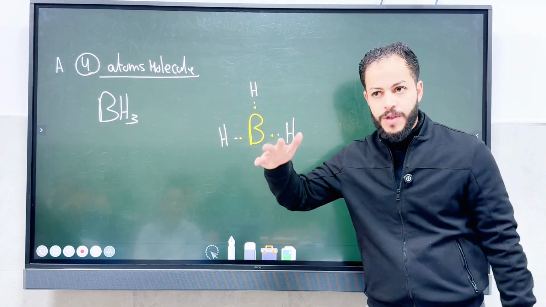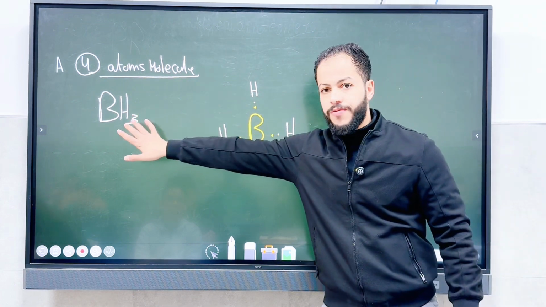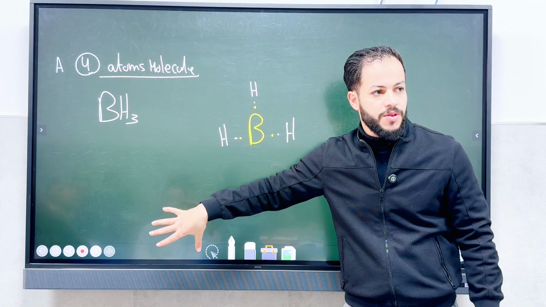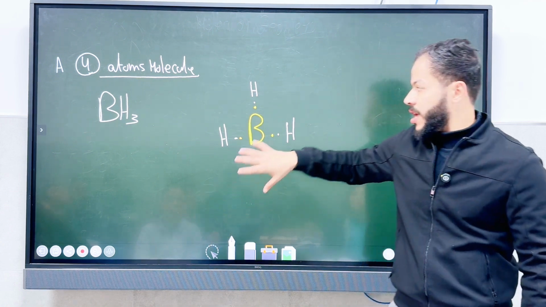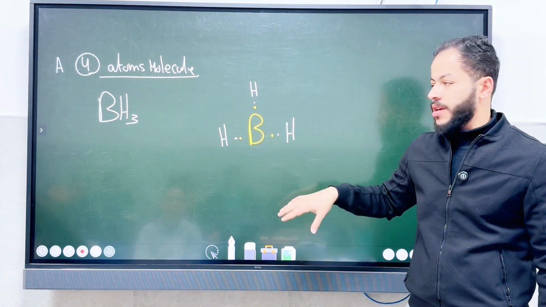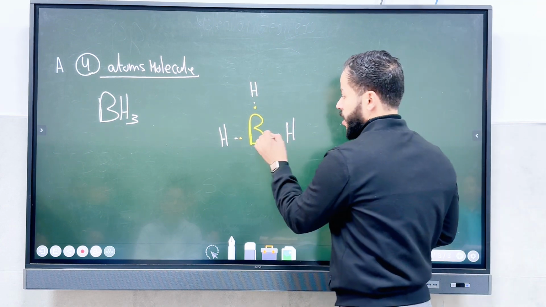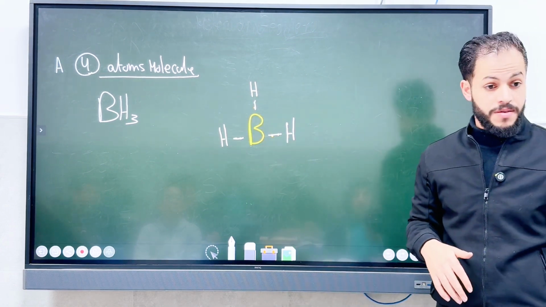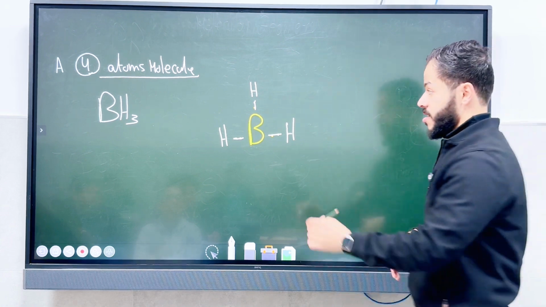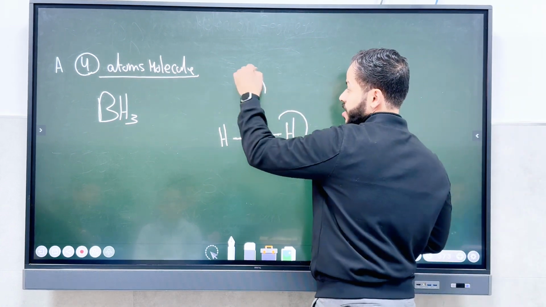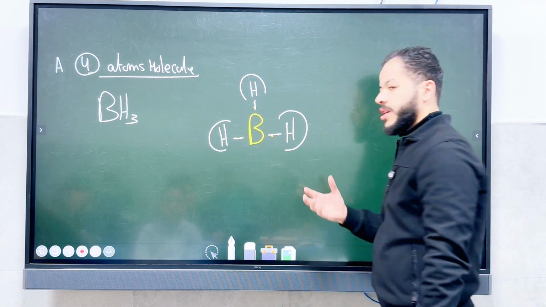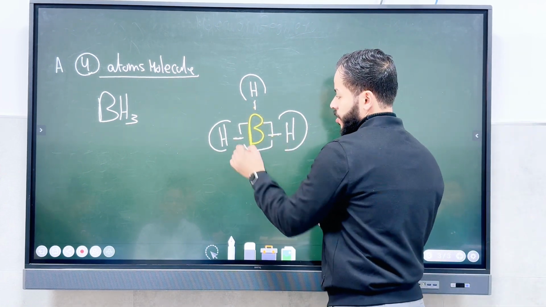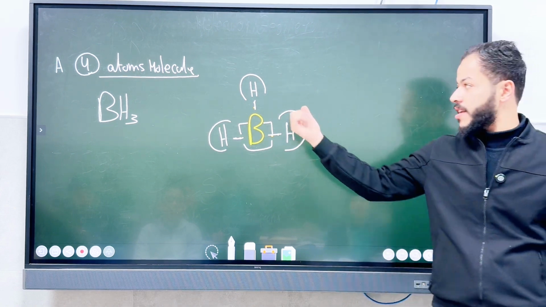Are you following the steps that I do? First, I know the general formula. I write the Lewis diagram. Then I explain it according to the valence shell electron pair repulsion theory. Here we have the boron fluoride, right? Guys, how many things do we have here? Hamza, how many things? 3 shared. So we have 3 things here. So is it more comfortable for the atoms to have the angle here 90 and this 180, or what supports this atom to do?